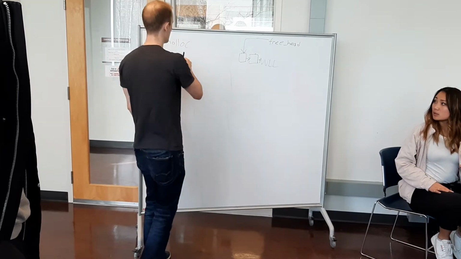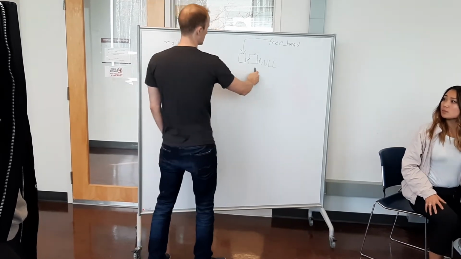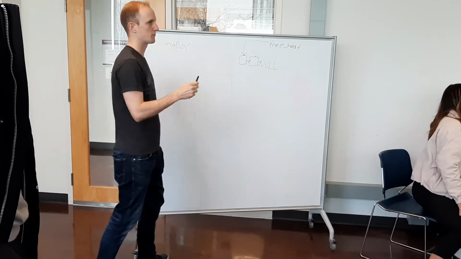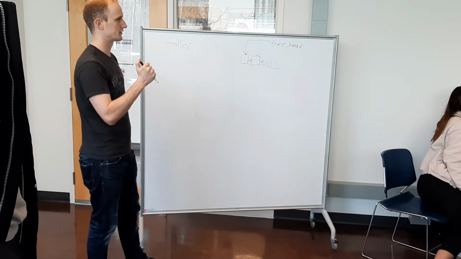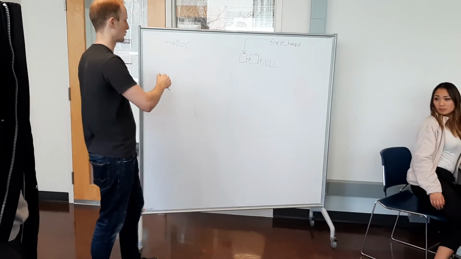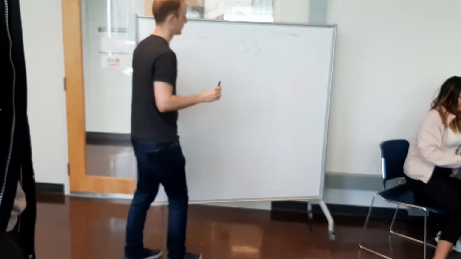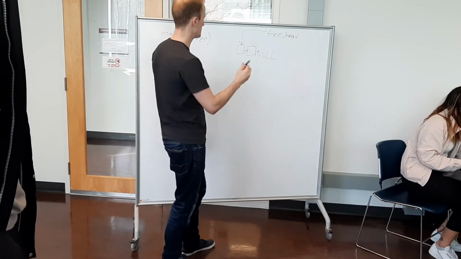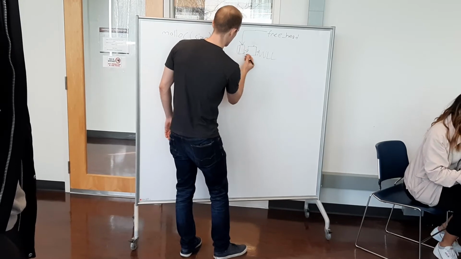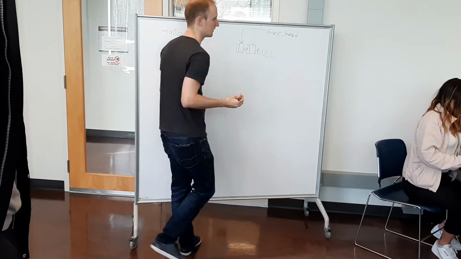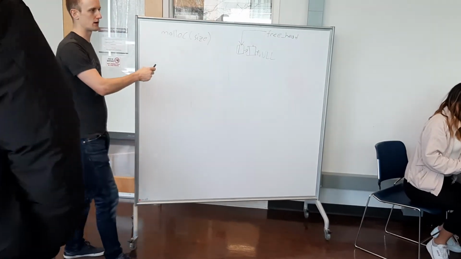Okay, so if we're mallocing, what we want to do is we want to go and check to see if all these guys have a piece of data that is big enough for size, right? Because you're calling malloc on size. Okay, so like I said before, these are made up of two things. One is going to be some metadata at the beginning, and can you tell me what that's going to be made out of?